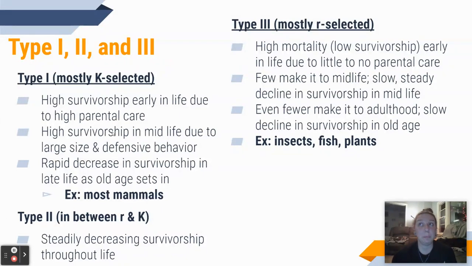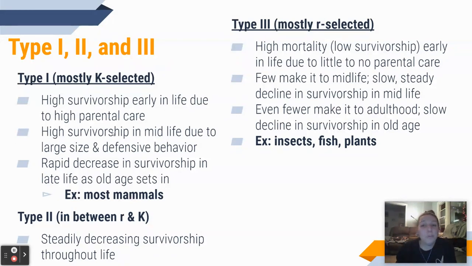Now, I know that sounds bad, but remember that our R-selected species are going to have a lot of offspring to make up for this. So it still works because they have so many offspring, they can kind of make up for that high mortality rate because at least some of them will survive. If they have 100 offspring and 75 of them die in their early life, there's still 25 that could reach adulthood.